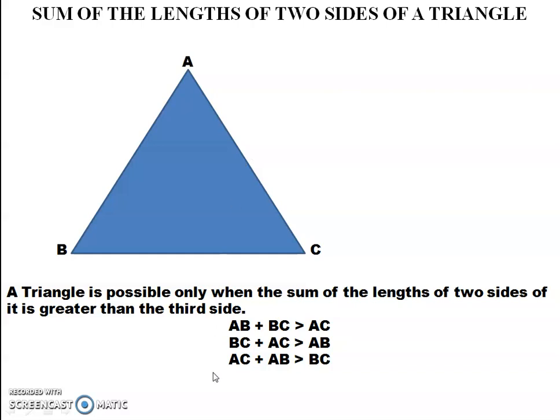Here I have written that a triangle is possible only when the sum of the length of two sides of it is greater than the third side. Symbolically, we will say that AB plus BC should be greater than AC.